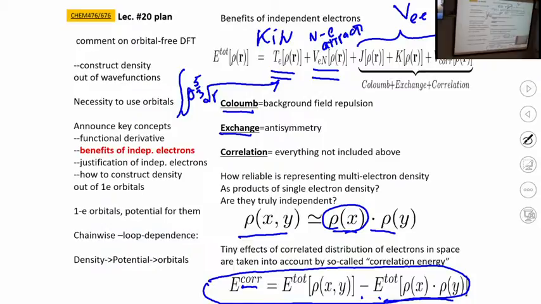So, total energy is the kinetic energy of electrons, the part of attraction to the nucleus, and then electron repulsion, which includes, based on Hartree-Fock theory, two terms: direct Coulomb and exchange stabilization. And there is one more term that we didn't consider. There is another form of electron-electron interaction.